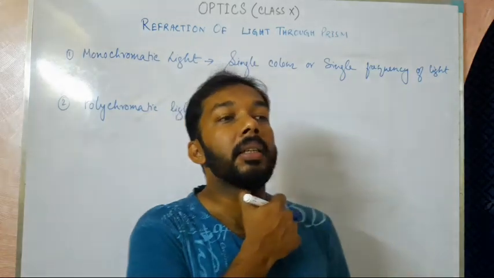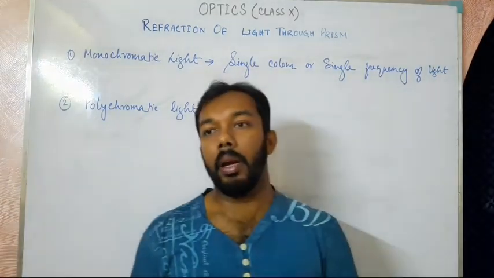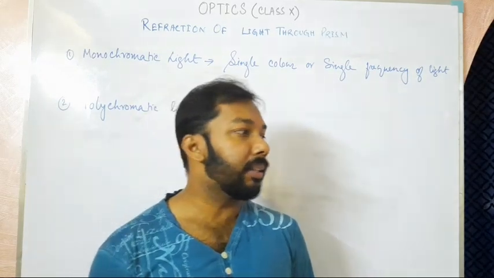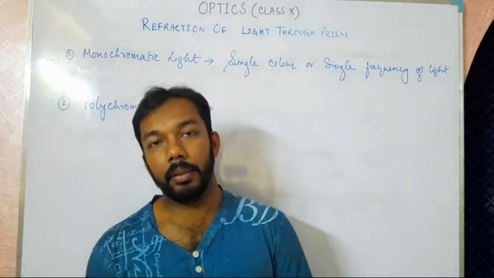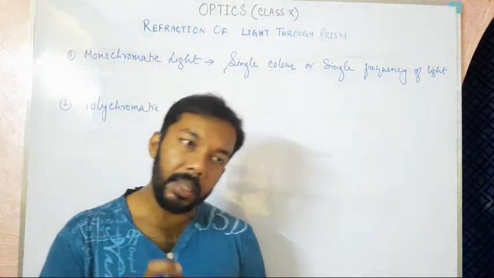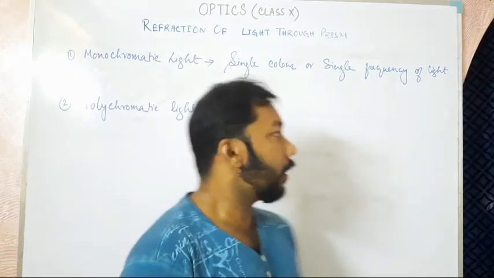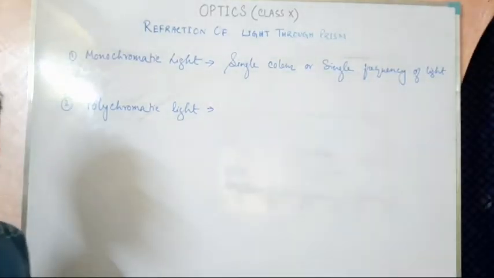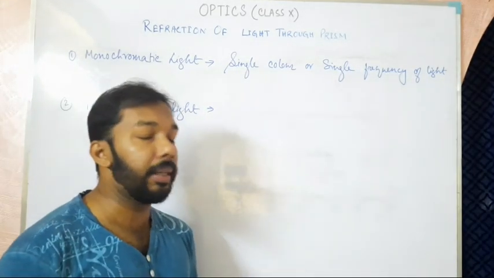In fact, frequency and wavelength are inversely proportional to each other. When frequency increases, wavelength decreases. So, red has the highest wavelength and violet has the least wavelength.